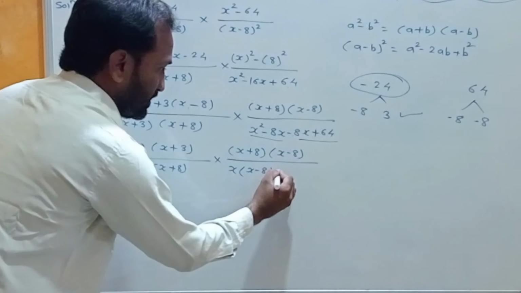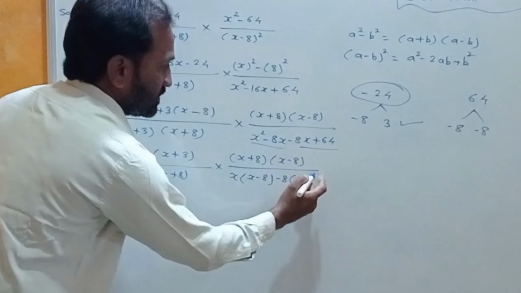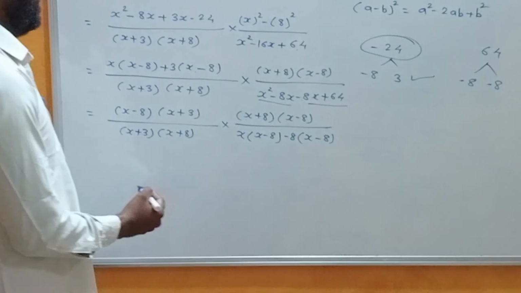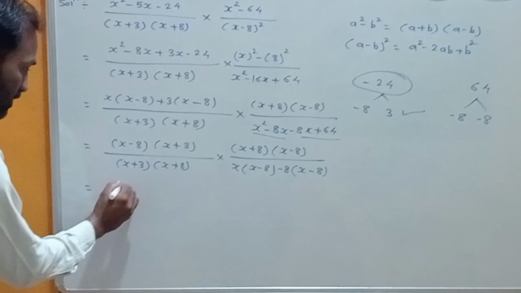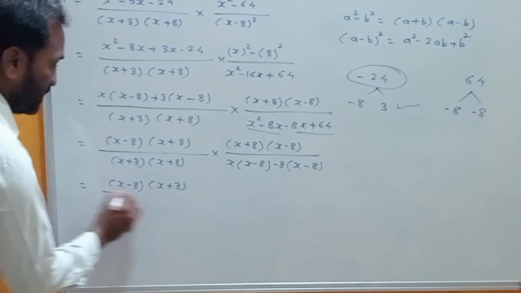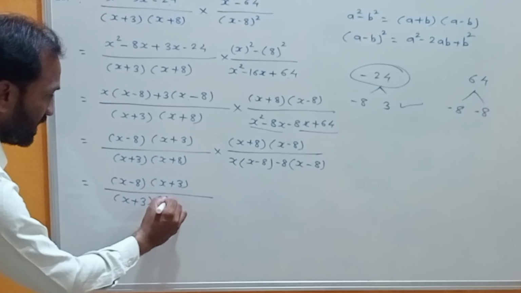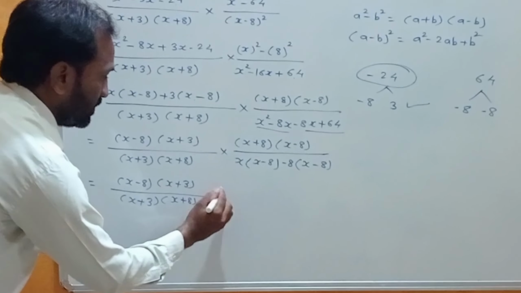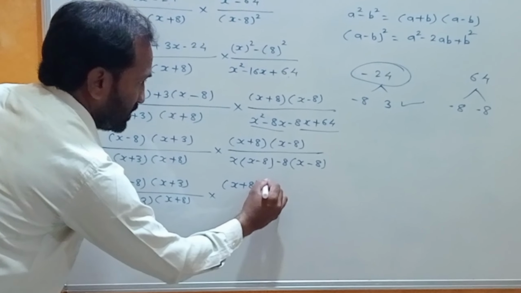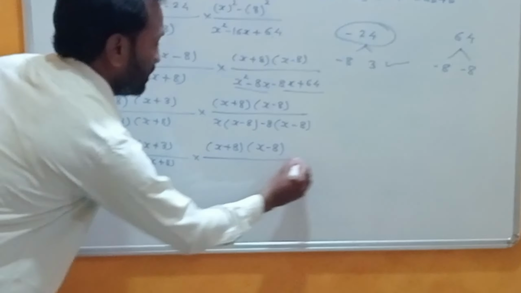Now −8 is common in the bracket, minus into plus is minus, 8 × 8 is 64. (x − 8) into (x + 3) as it is, divided by (x + 3) in first bracket, (x + 8) in another bracket, into (x + 8) in first bracket and another bracket is (x − 8), divided by.